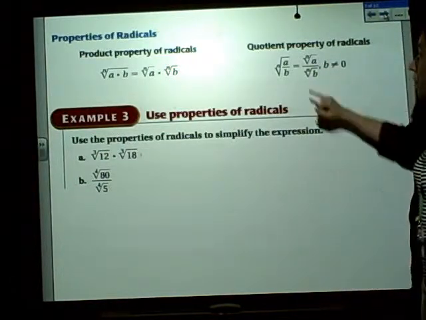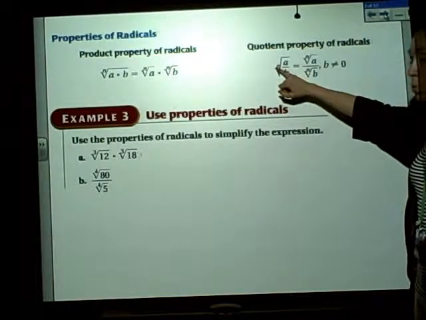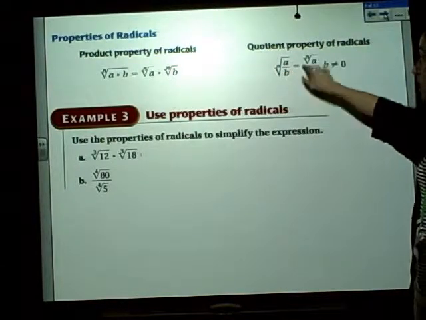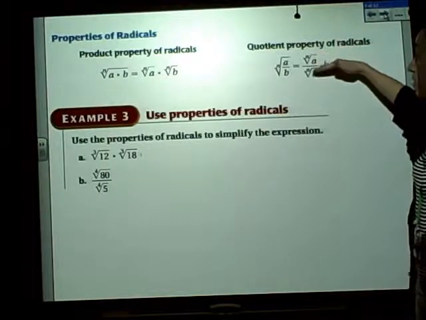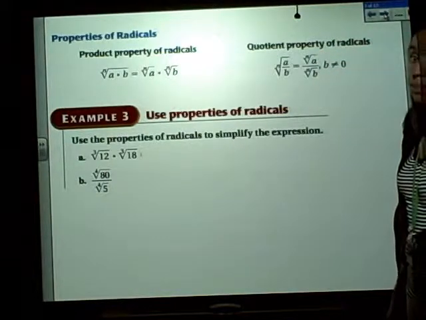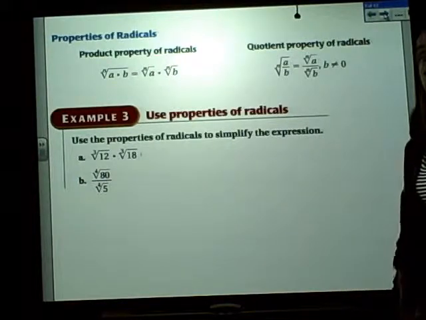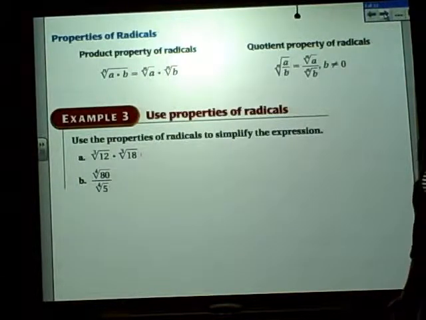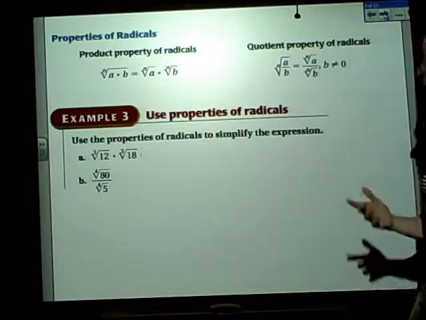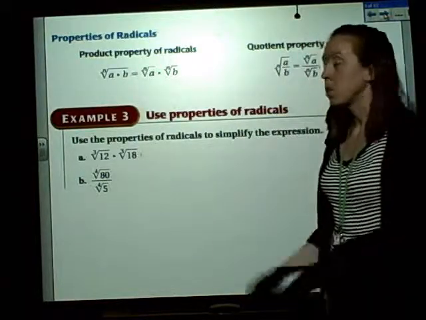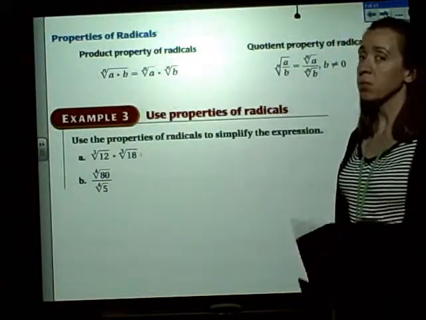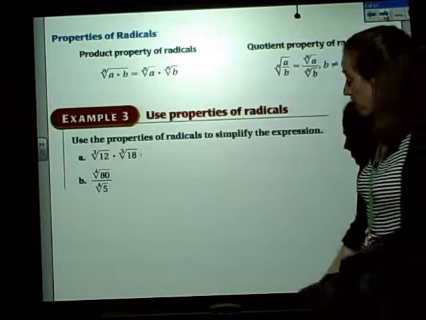Same with the quotient. If we're taking the nth root of a fraction, we take the nth root of the top divided by the nth root of the bottom. These properties are the same as your other radicals that you guys did in section 4.5. The only difference is they have a number with them.